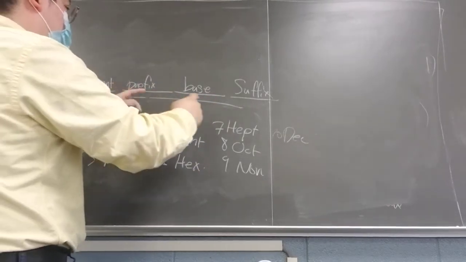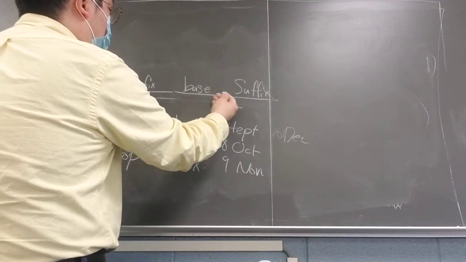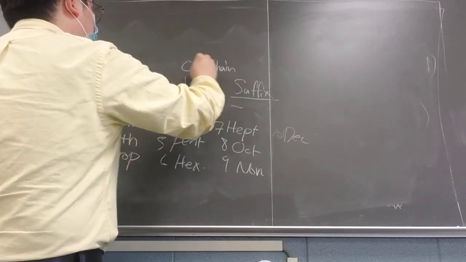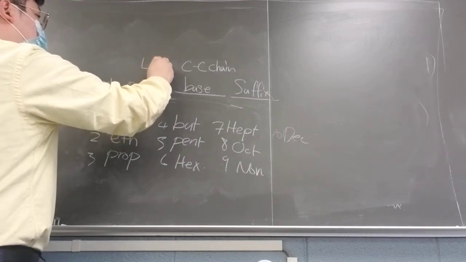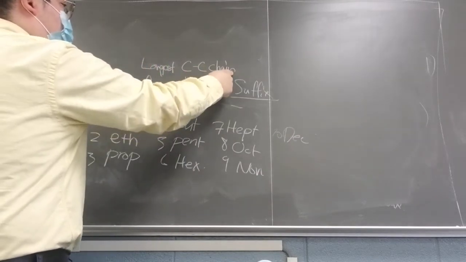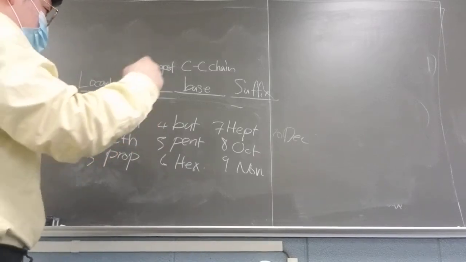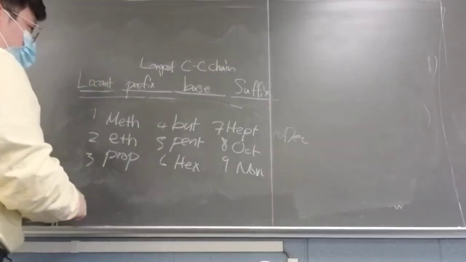Actually, I should go the other way. I'm sorry, but the base actually means your carbon chain. The longest possible carbon chain is your base, like your fundamental platform for attaching all the groups and everything.